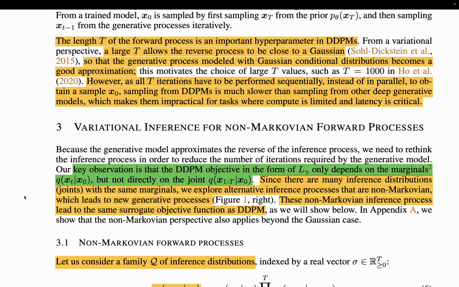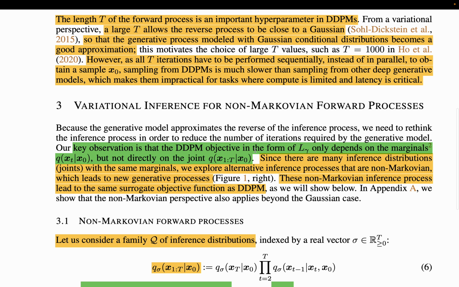It does not care about the latent variables from x1 to xt minus 1. We don't care about those intermediate variables, we just care about this marginal, not the joint distribution q of x1 to T given x0. And there are many joint distributions that can lead to the same marginal distribution.